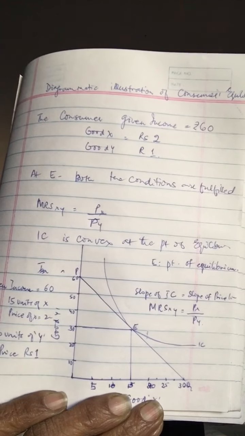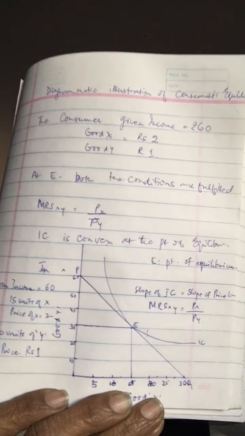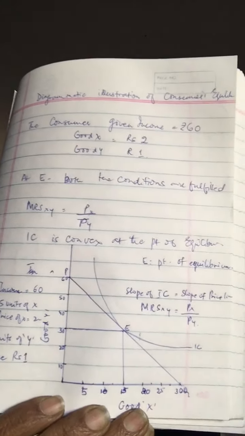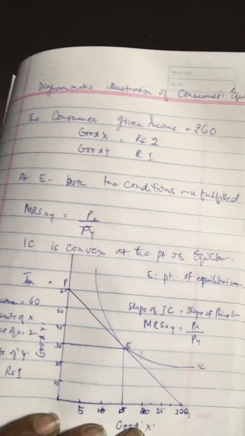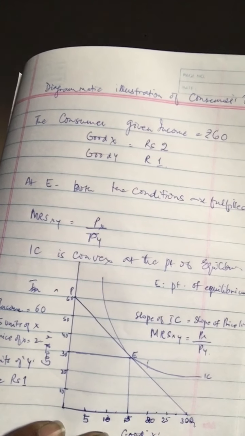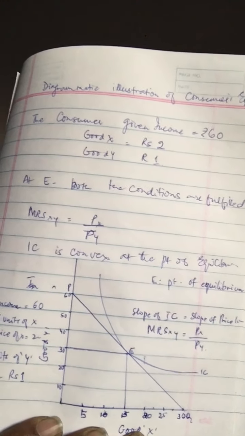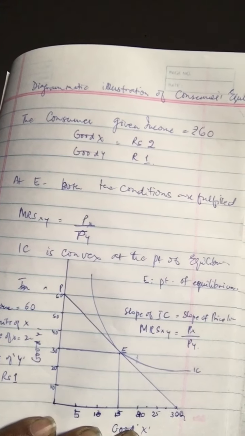Now in the diagram, E is the point of equilibrium. Here both the conditions of equilibrium are fulfilled, which are: number 1, MRS, that is marginal rate of substitution of X for Y, is equal to price of X upon price of Y.